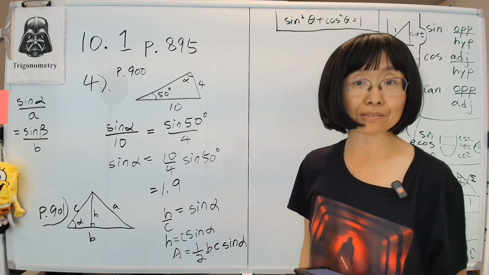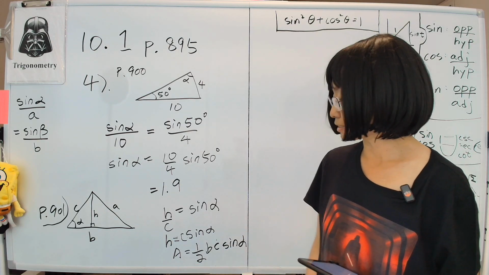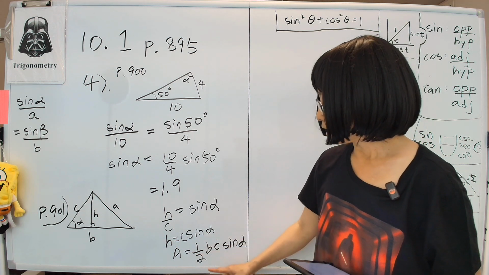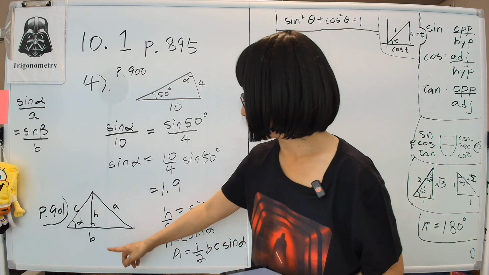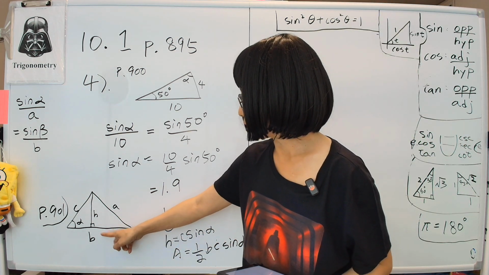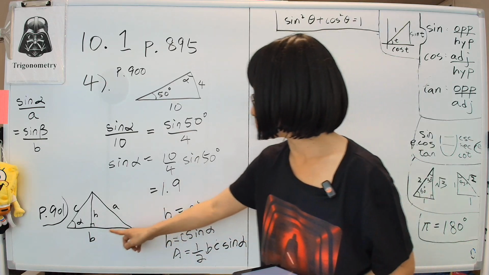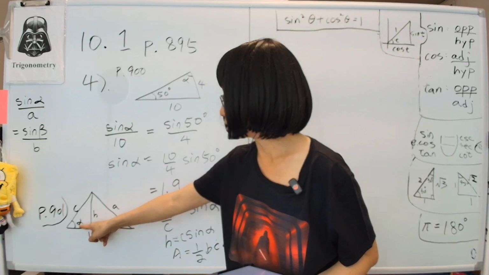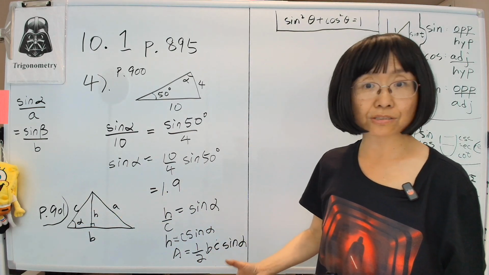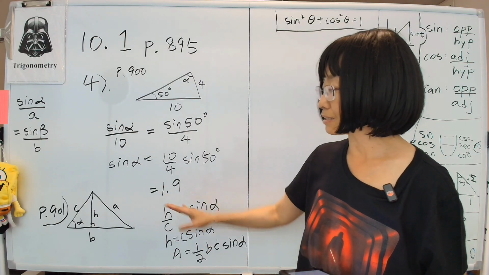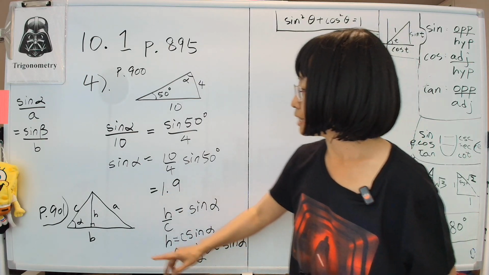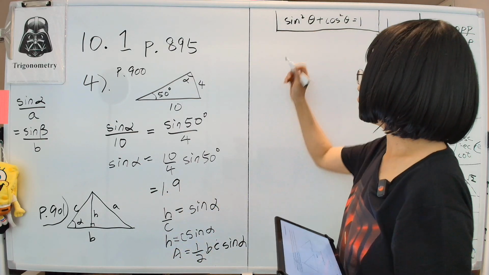It's just the original formula, but we use a sine as part of it. And you notice, area is 1/2 of bc sine alpha, and that applies to the other sides as well. Doesn't matter which one. That is the area of any triangle.